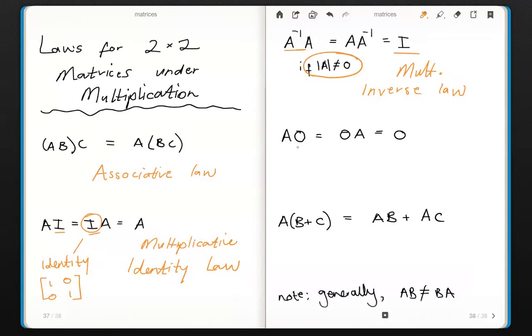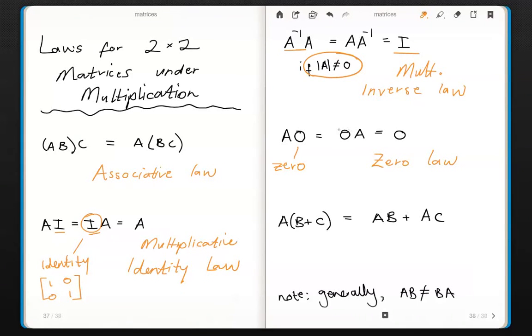A0, so this is the 0 matrix. A0 equals 0A, which equals 0. This is what we call the 0 law. Now with the addition, when we added 0, A plus 0 equals 0 plus A, which equals A, because you're adding 0.